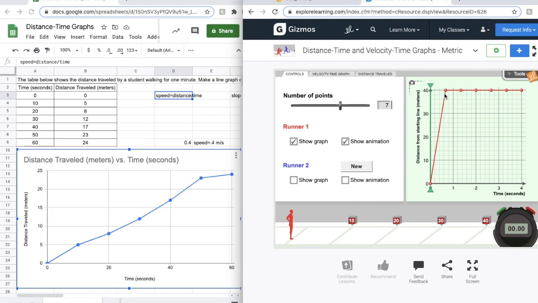So we're going to go up to 5, and then we went to 8, and then we went to 12, and then we went to 17, and then we went to 23, and then we went to 24 at the end. So I think this is about right.